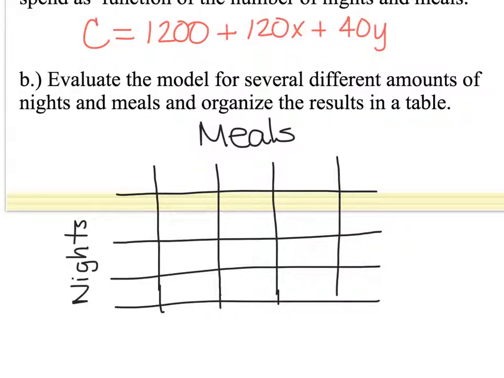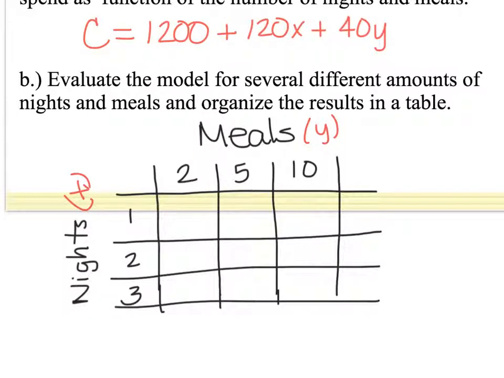I'm just going to pick some random numbers, so let's do 2 meals, 5 meals, and 10 meals, and this would be for 1 night, 2 nights, and 3 nights. This is my number of meals, which if you recall is my y values, and you may even want to put that off to the side. This is your number of nights, which is really your x value.